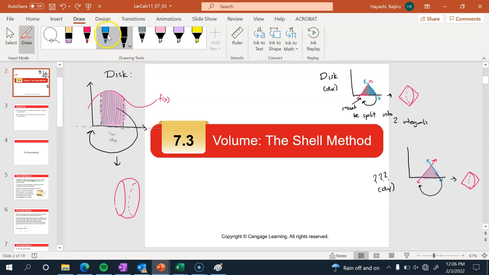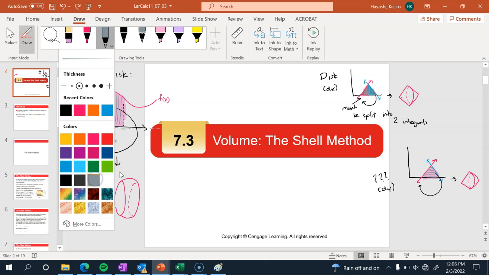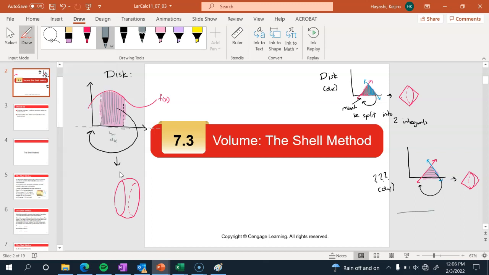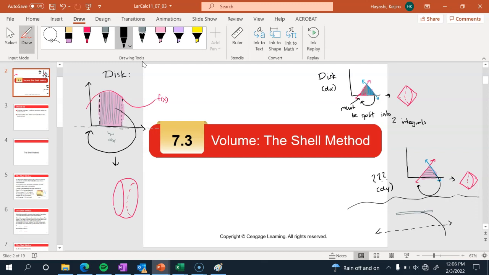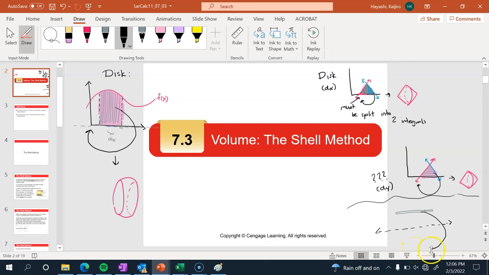But if you took these slices, if you were to take a slice like this, let's say a really thin slice, and you imagine that you rotate it around an axis that's parallel to it.